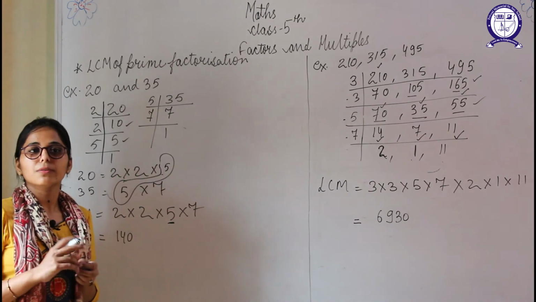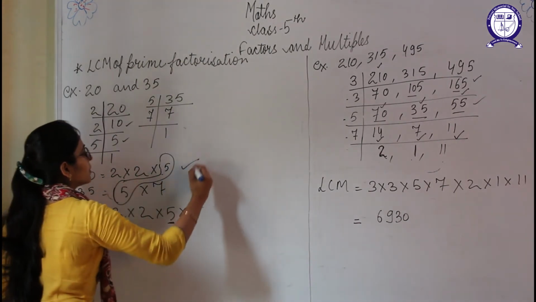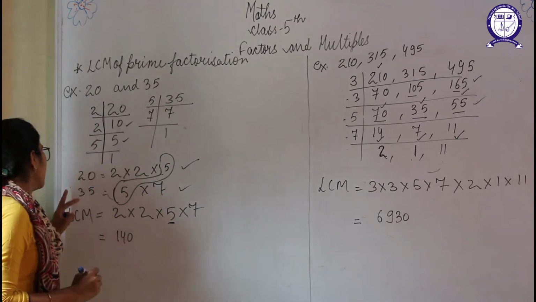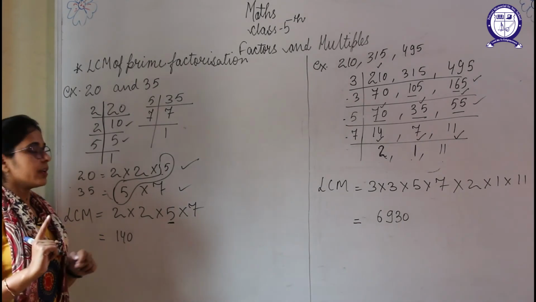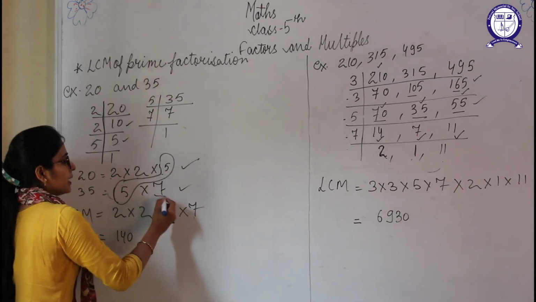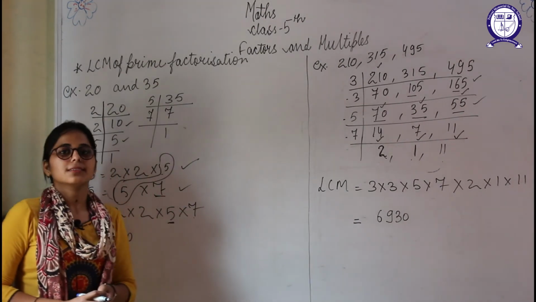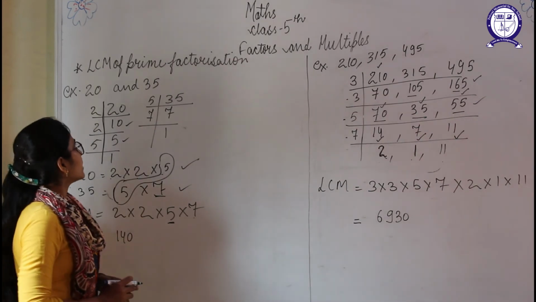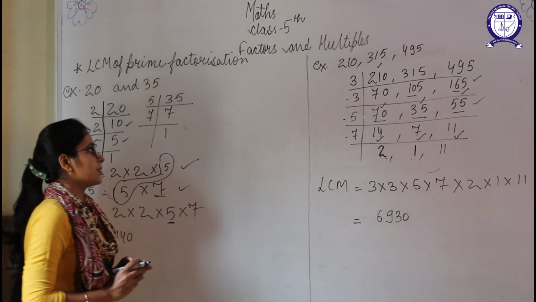We will not write 1 because 1 is a factor of all. So here 5 is common, as it is in both the numbers 20 and 35. So we will write 5 only once. So 2 multiply 2 multiply 5 and multiply 7. So 2 2s are 4, 4 5s are 20, 20 multiply 7 will give us 140. So the LCM, or the least common multiple, of 20 and 35 is 140, students.